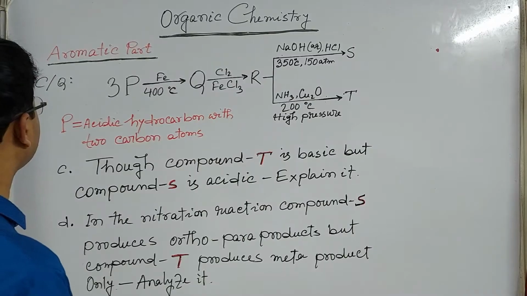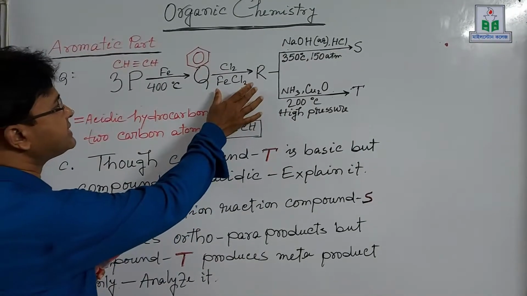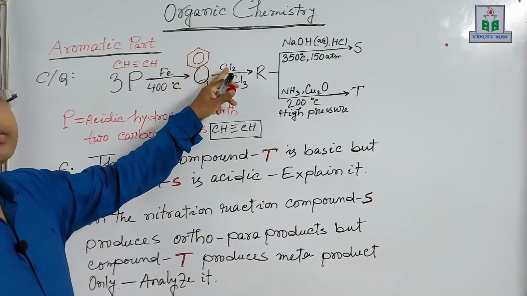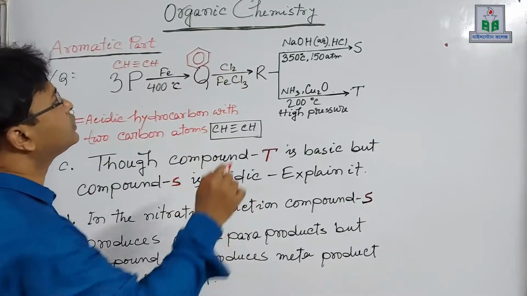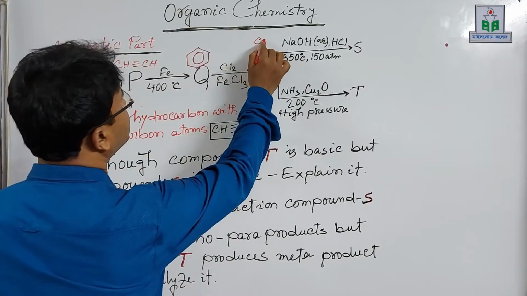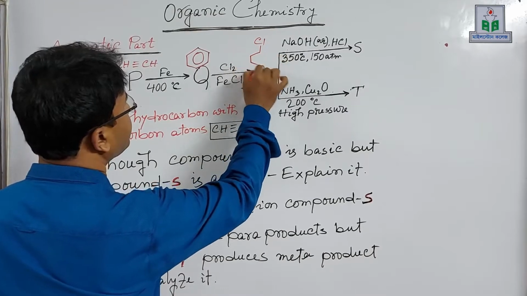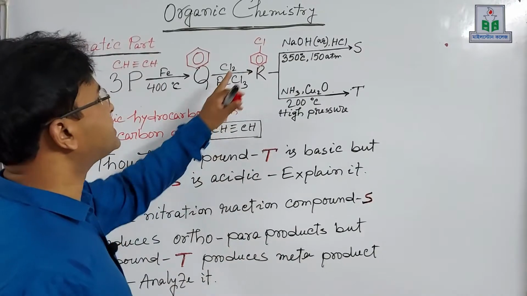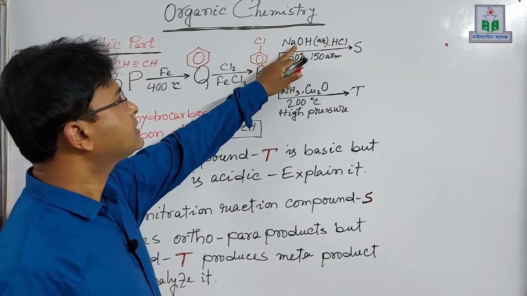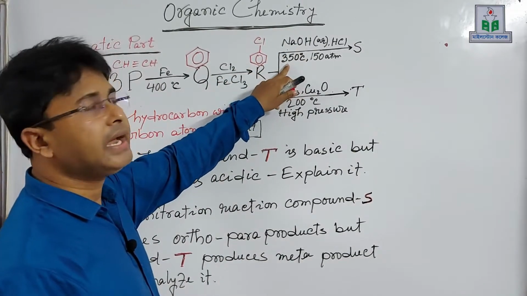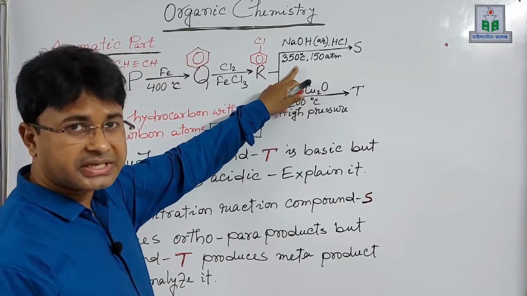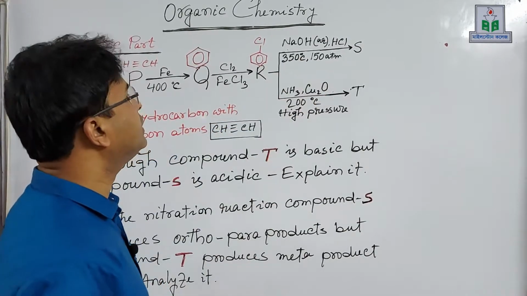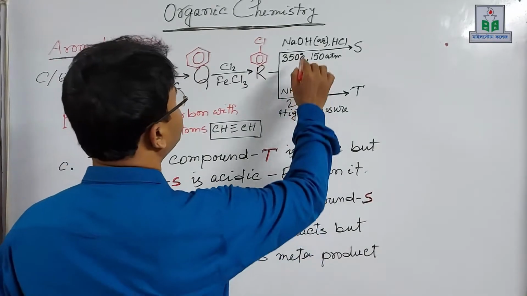In the presence of ferric chloride, benzene reacts with chlorine to produce chlorobenzene. This chlorobenzene reacts with sodium hydroxide at 350 degree centigrade temperature and 150 atm pressure to produce sodium phenate.